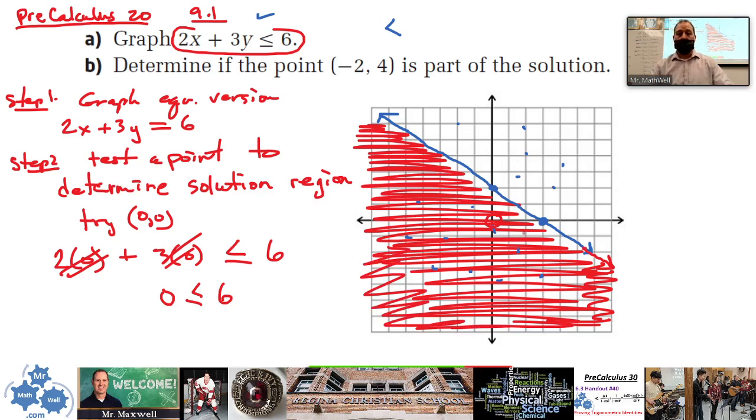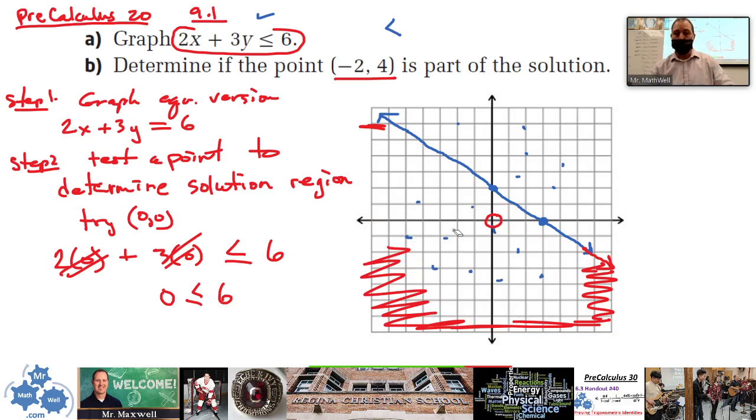Now, the second part of this question says to determine if this point, negative 2, 4, is part of the solution. Okay. Well, a couple things you could do, and I'm just going to erase some of this shading. If you drew your boundary line really carefully, you could look and go negative 2, up 1, 2, 3, 4.